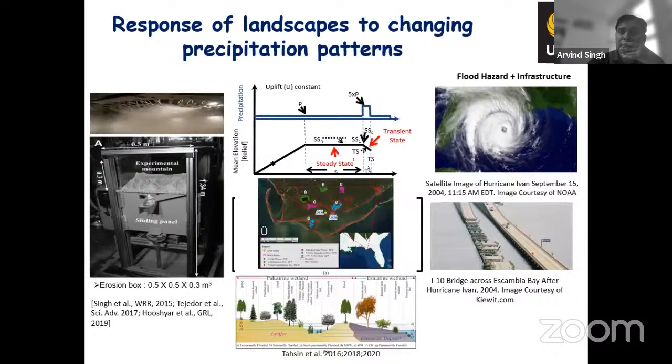My research group's main focus is on understanding the response of landscapes to changing precipitation patterns, with the focus on understanding how the changing frequency and duration of these extreme events affect the floods, the infrastructure, as well as vegetation and overall the landscape.